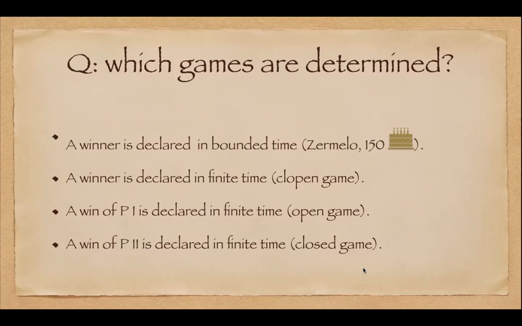These games are determined, and this is an interpretation of Zermelo's theorem. There are some debates about what Zermelo's theorem is, but let's say that this is Zermelo's theorem. It says that if the game has a finite horizon, then it is determined. One of the players has a winning strategy, and this can be done by backward induction.